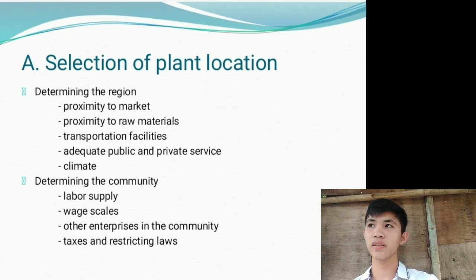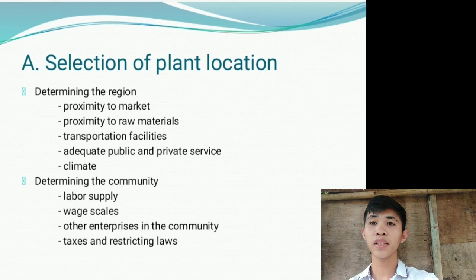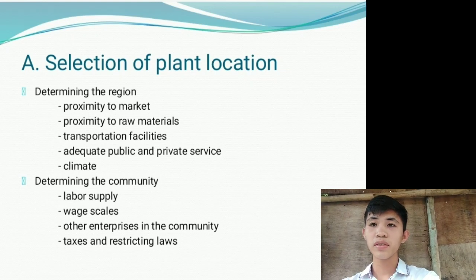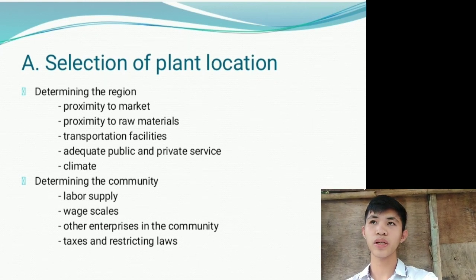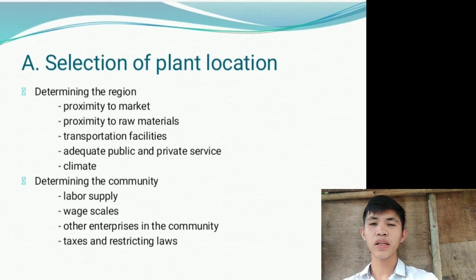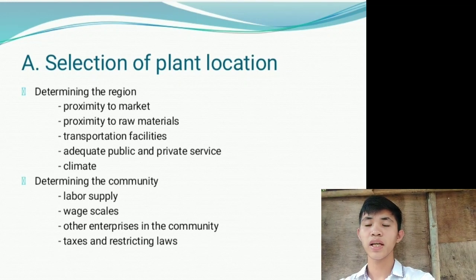So when we say wage scales, if your laborers only come from that certain community where you put your establishment, of course the wage or your salary is moderate. Because they are from there already, they will not ask for extra transport money or spend on fare, and they can just walk to your establishment.